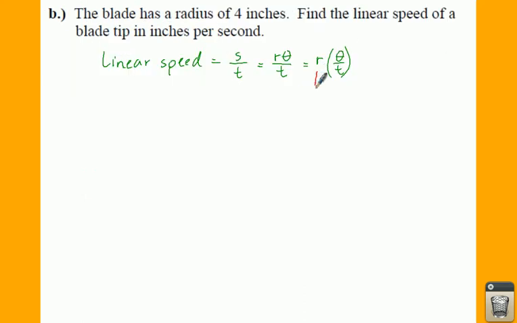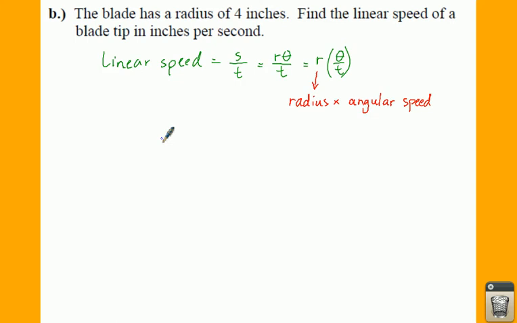Yes, for those of you that remembered, you're going to be taking your radius times your angular speed. And the sweet thing is we already figured out our angular speed in part A.